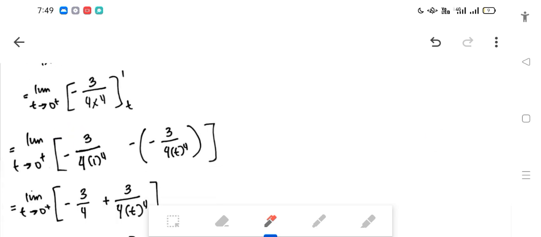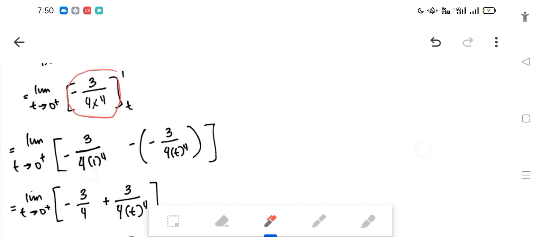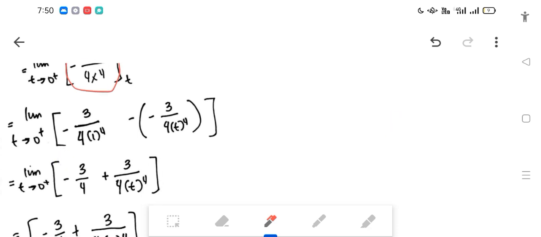In evaluating the integral of this one, we're going to find the difference after substituting the upper limit and the lower limit, because this is a definite integral. So first we're going to substitute the upper limit, which is 1, into the function.